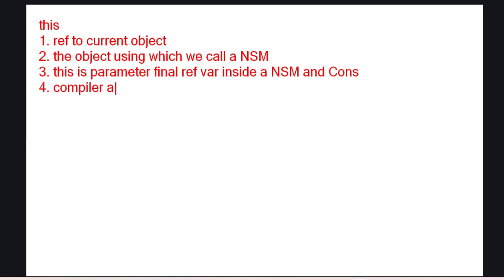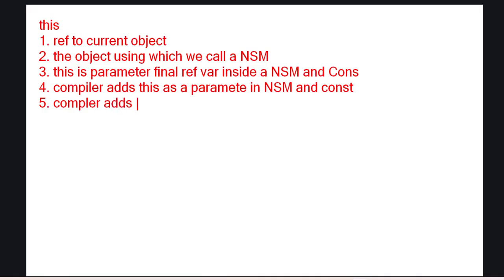The compiler automatically adds this as a parameter in a non-static method and constructor. Also, the compiler adds this. as a reference to a non-static variable accessing statement automatically, for reading its value and modifying its value in the current object.